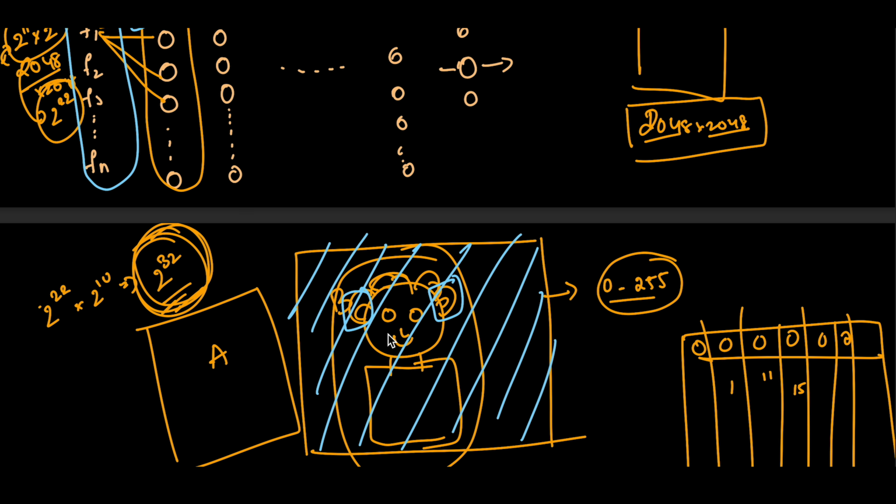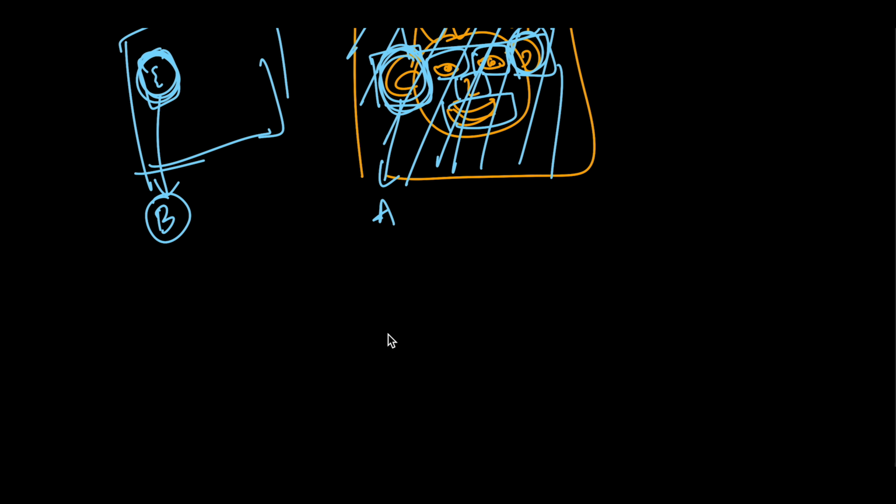So this is the basic idea of CNN. I hope you understood. The problem with using ANN is that there are too many parameters. How can CNN solve this problem? By just extracting out features.